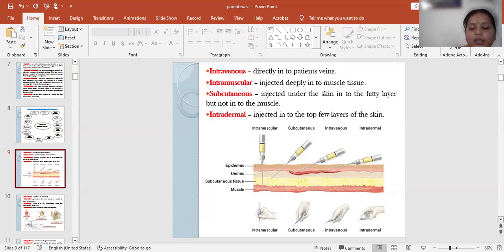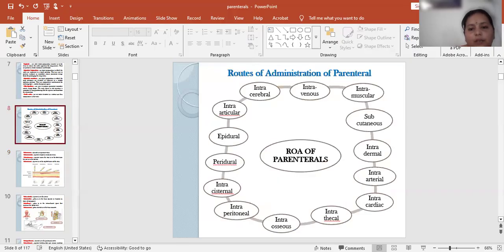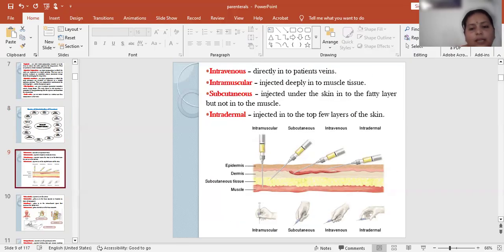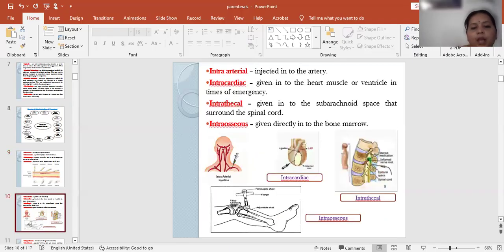That's called intravenous parenteral administration. Next, intramuscular. These are injected deeply into the muscle tissue. And next one, subcutaneous. These are injected under the skin or fatty layer, but not into the muscle. And next, coming to the intradermal, injected into the top few layers of the skin. And next one, intra-arterial.